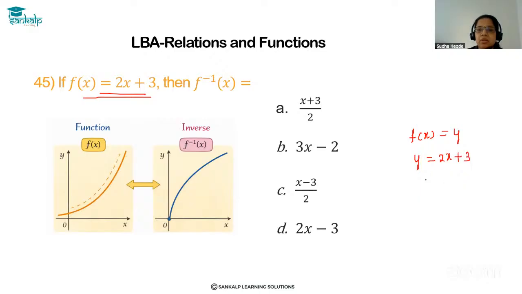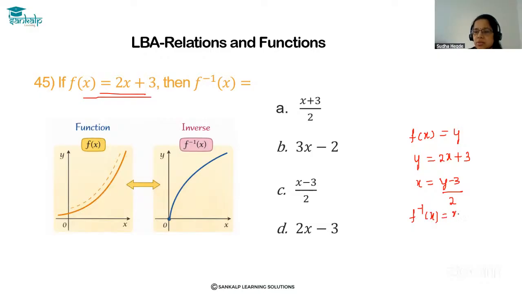Now rearrange and get x. What will you get? Move this to the other side. So x is y minus 3 divided by 2. What's the next step? So f inverse x is equal to, replace y by what?